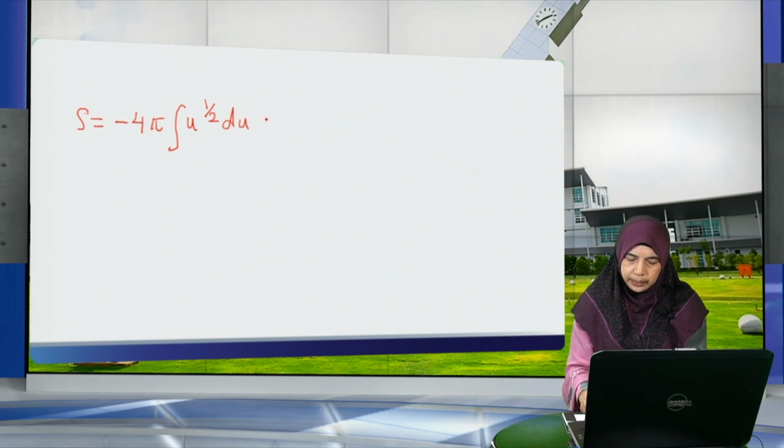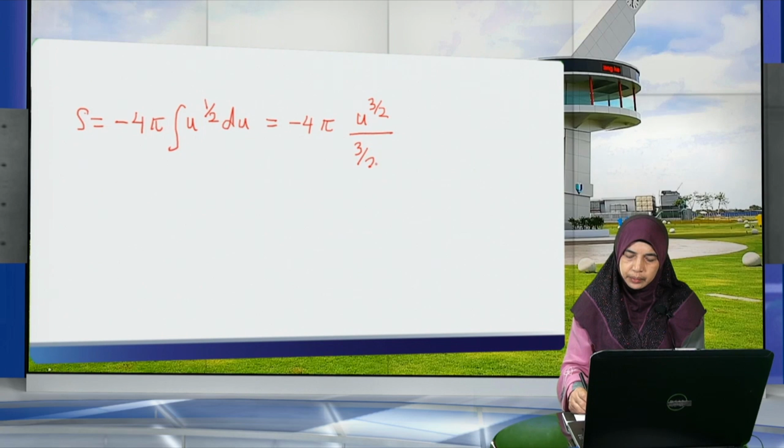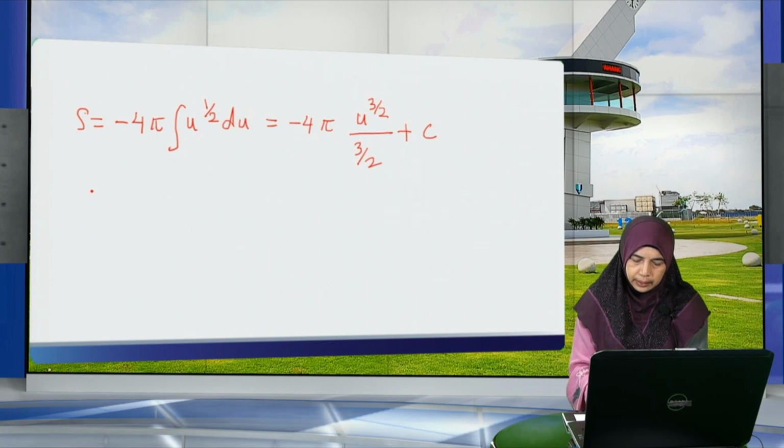When we integrate, we will get minus 4 pi. You remember, when we integrate, we increase the power by 1. So u will be to the power of 3 over 2. We divide by the new power, so we divide by 3 over 2. And we have to add c, because we don't have any limit here, so we need to put c.